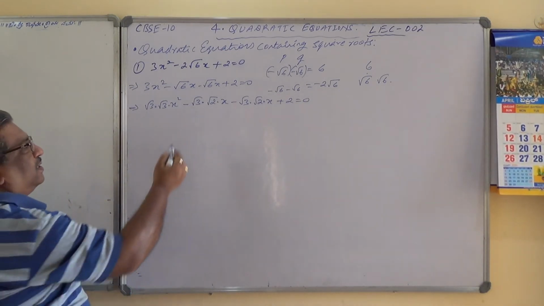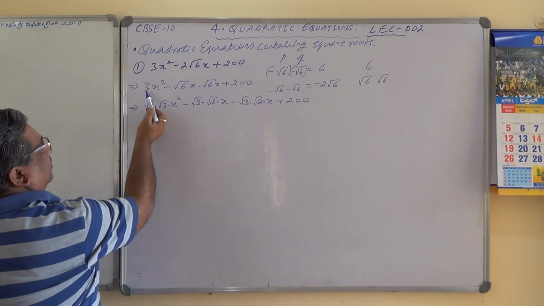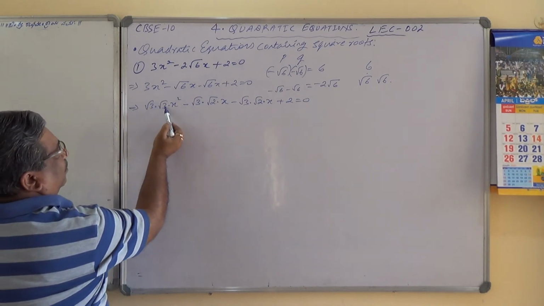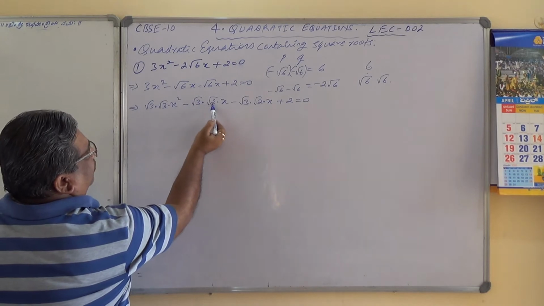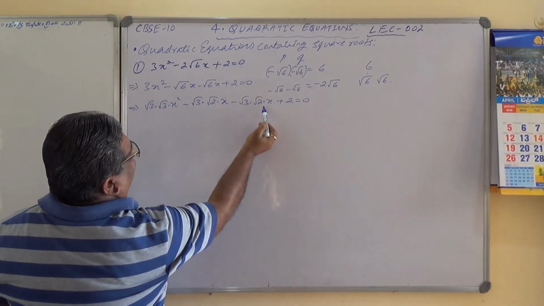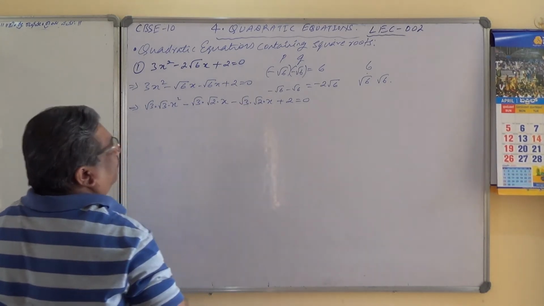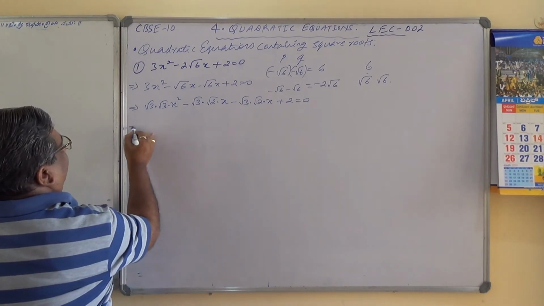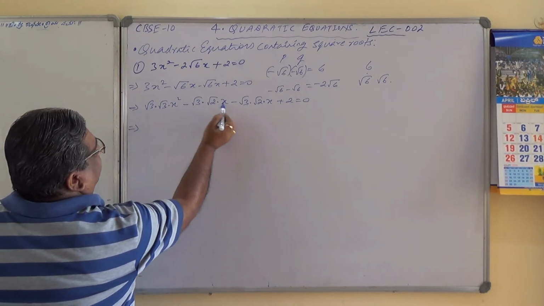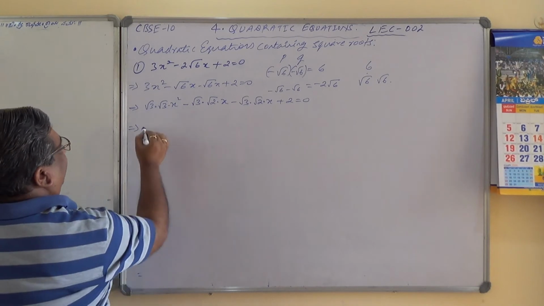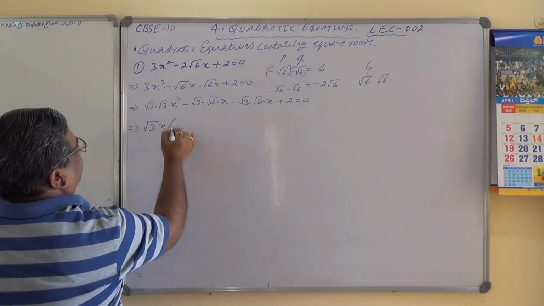I hope you are able to understand. 3 can be written as root 3 into root 3. Root 6 is nothing but root 3 into root 2. And finally 2. Is it right? So what is common now in this one? Root 3x I can take common. Root 3x. What is remaining?